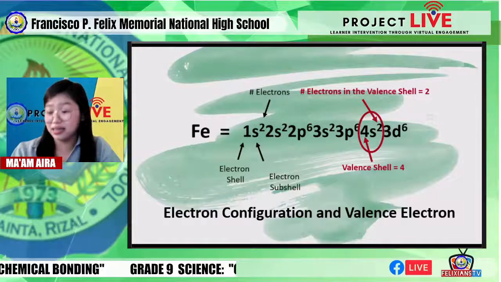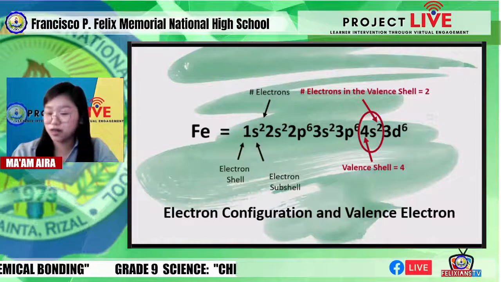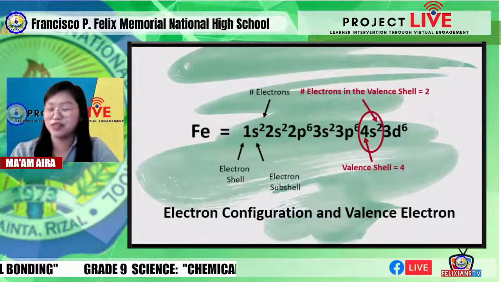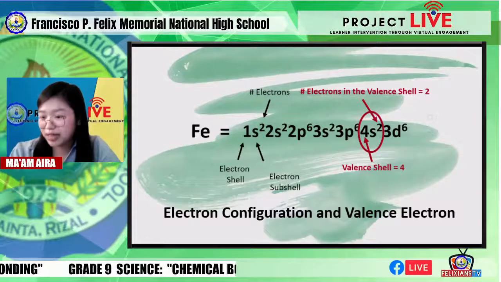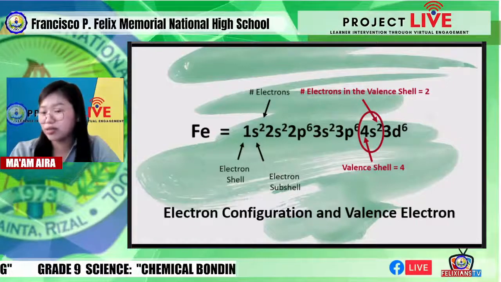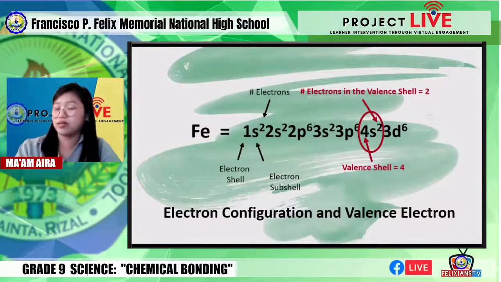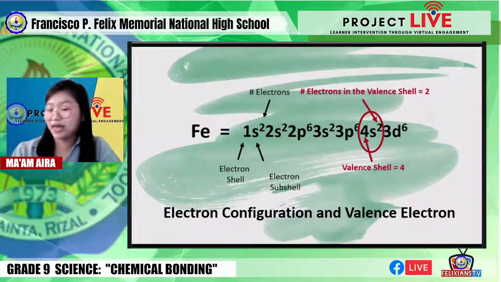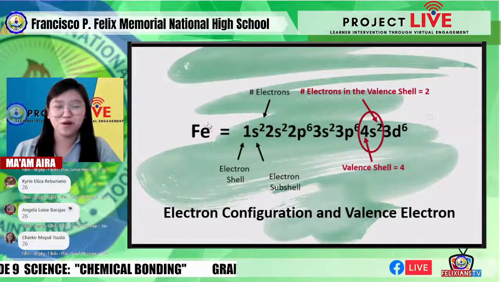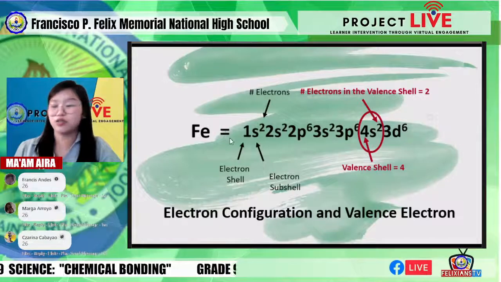Yes, that is 26. Again, thank you so much, Julio, for being the first one to answer my question. We have also Natalie Cesar, Janelle Brioso, Kylie Reberiano, Jasmine Namahan, and the other students. So, very active ang ating mga students. So, again, the atomic number for iron or Fe is 26.